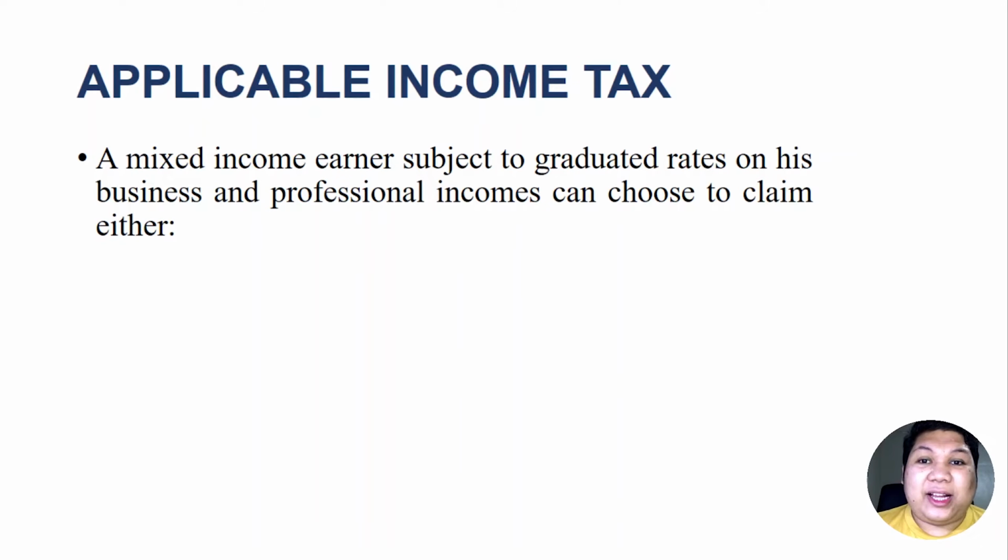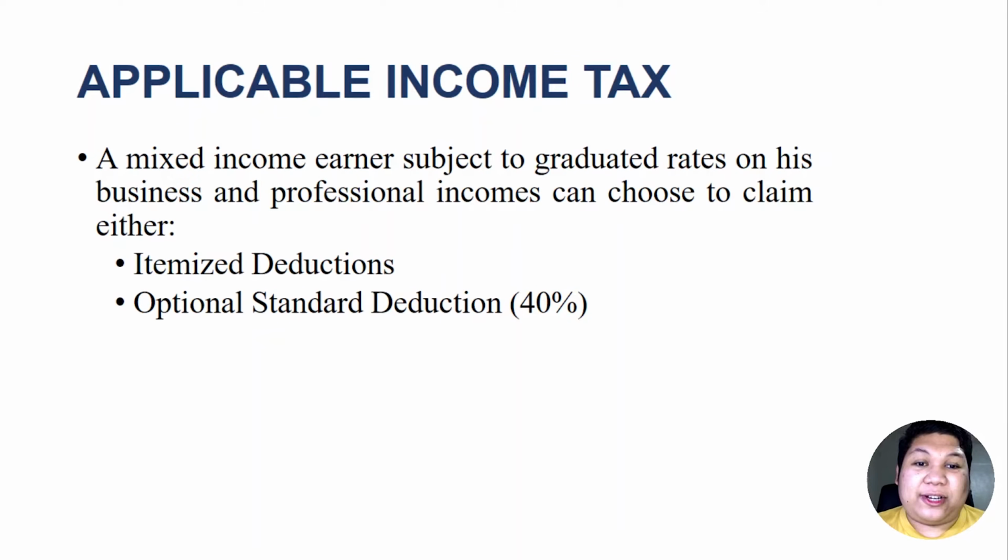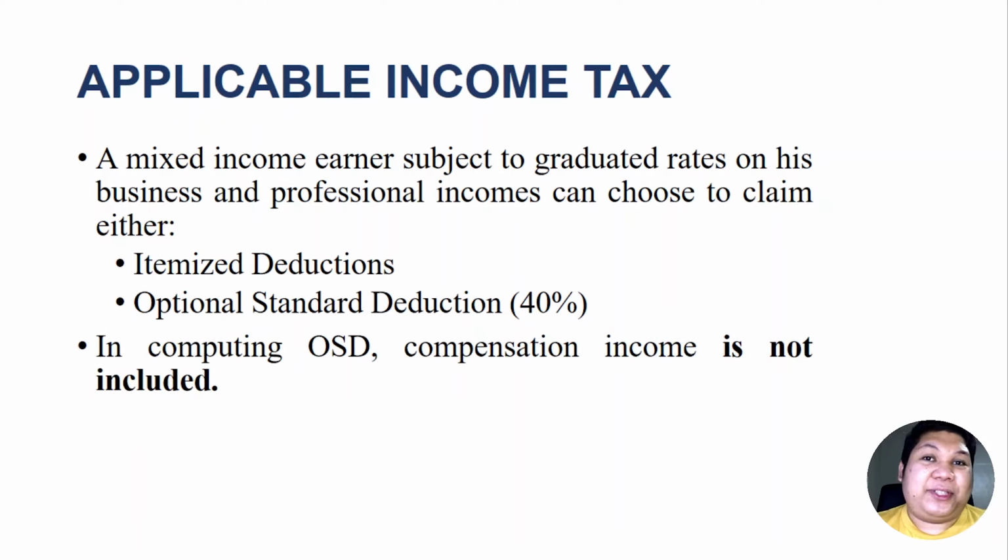However, a mixed income earner subjected to graduated rates, or who chooses to subject his business and professional incomes to graduated rates, can choose to claim either the itemized deduction or the optional standard deduction. In computing the OSD, compensation income is not included because OSD is a business deduction and compensation income is not related to business. So do not include compensation income when you are trying to compute the OSD.